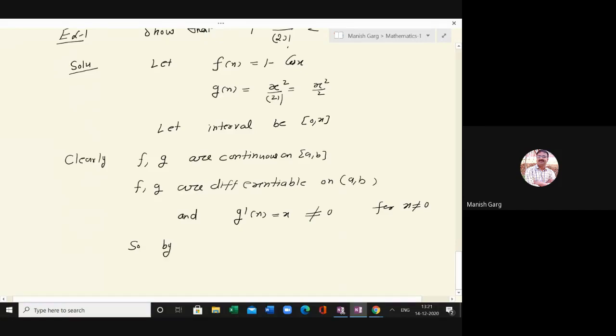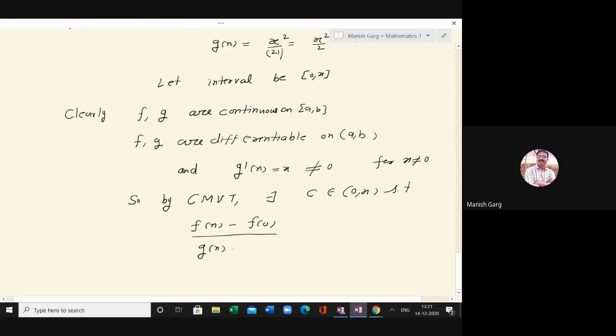So by Cauchy mean value theorem, there exists c lying between 0 to x such that f x minus f 0 over g x minus g 0 is sine c over c.